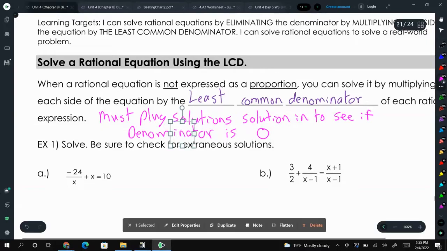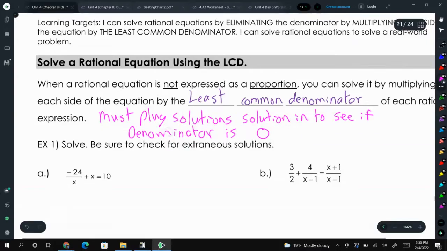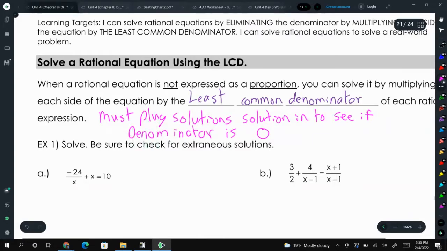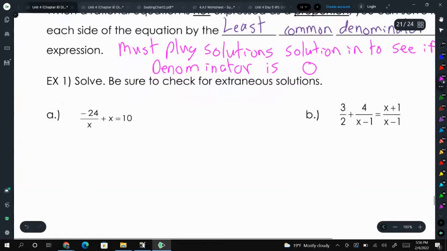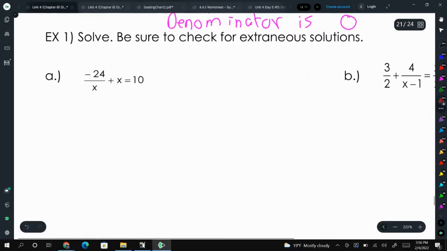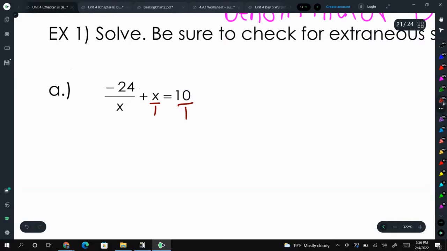So just like how we had to check solutions in absolute value equations to see if we would get an absolute value that equals a negative number, we have to also check our solutions here. So letter A, the least common denominator for this, or this is really over 1, is x.